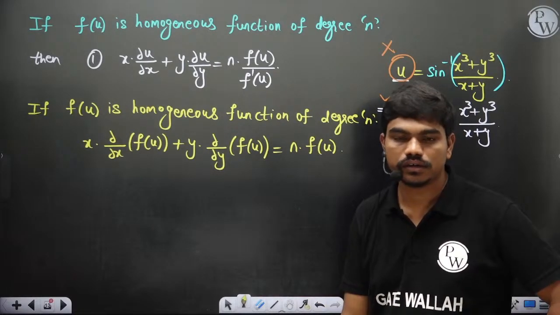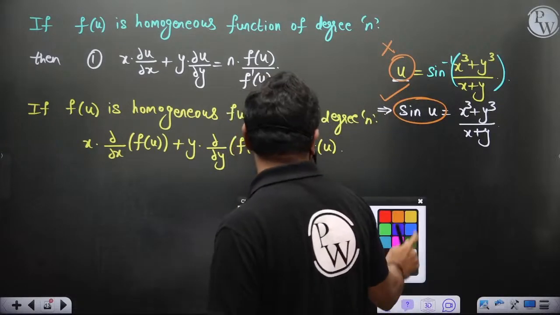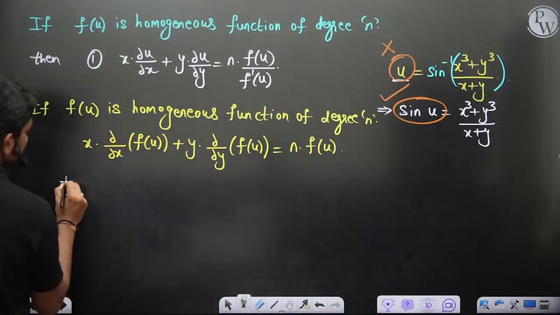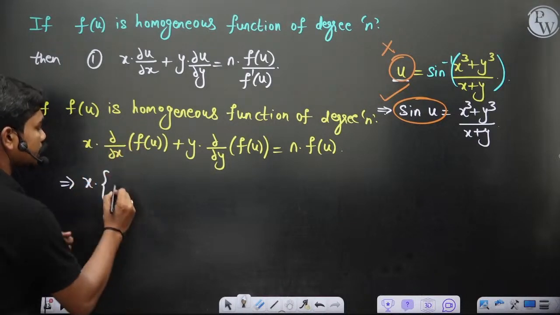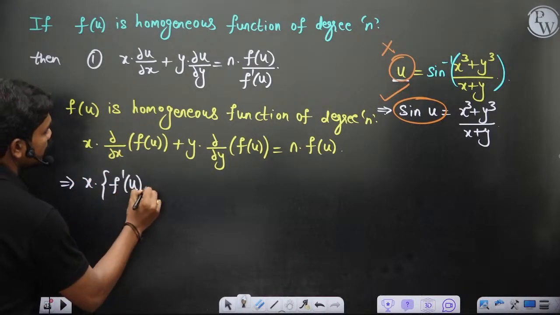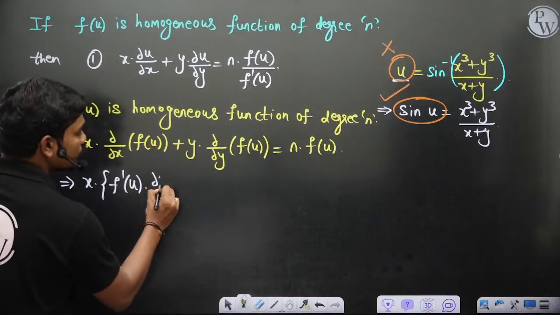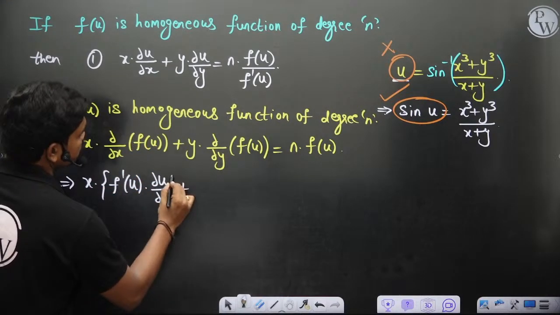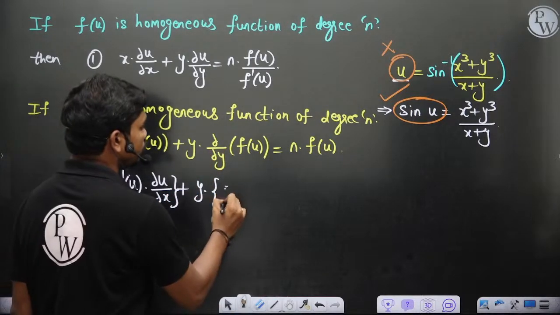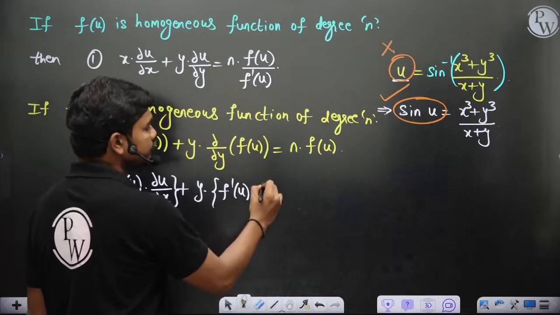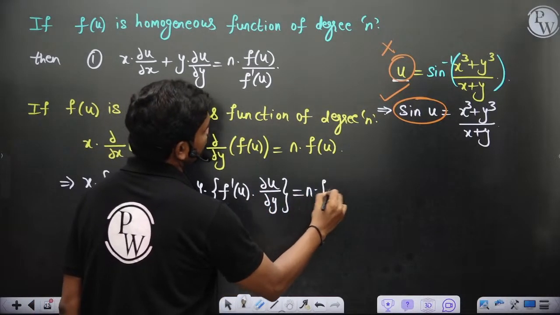Now, what I can do is differentiate x into dou by dou x of this function. The derivative of the function is first of all f dash of u into dou u by dou x, the inner derivative, since u depends on x. Plus y into dou by dou y of this function is f dash of u into the inner derivative dou u by dou y, equal to n times f of u.